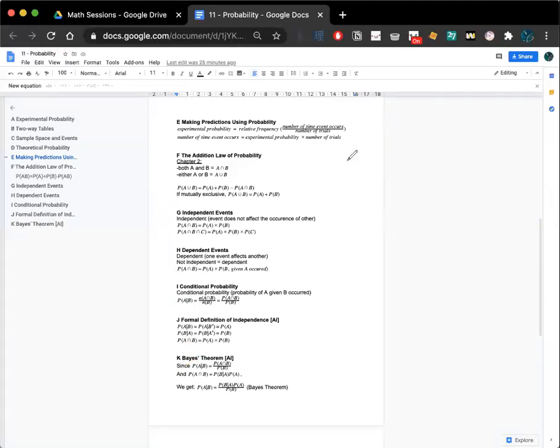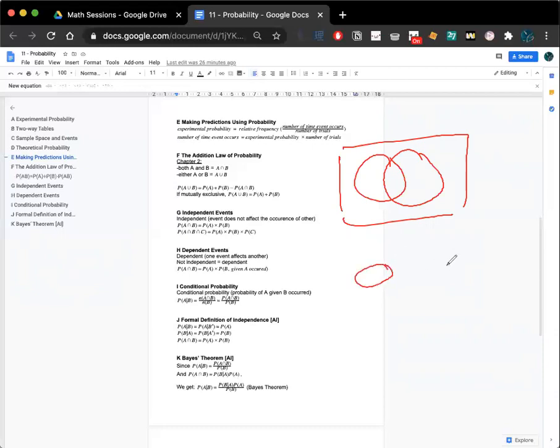Okay, so now we have independent events. Independent events are what happens when one event doesn't affect another. For example, tossing a coin: if we toss a coin 2 times, the result of the first one will not affect the result of the second one.